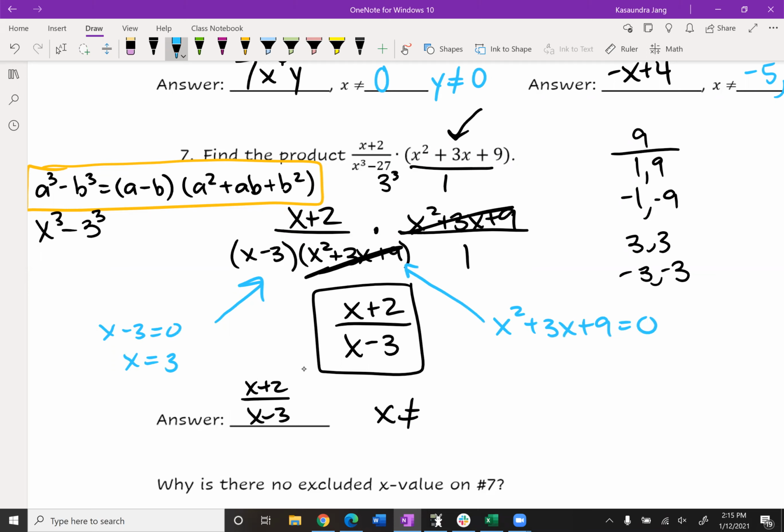If you put this in the quadratic formula, it gives you some imaginary number. We're thinking about a graph, right? I don't graph imaginary numbers. So you can solve this with the quadratic formula, but you're not going to get anything that's actually in my list of excluded values. Only the 3 is actually in my list of excluded values.